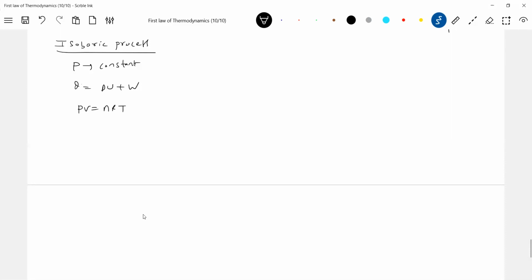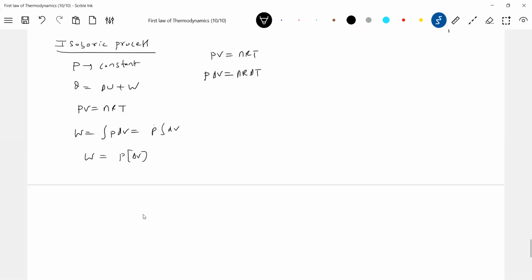Pressure constant, so PV equal to nRT. Therefore, let me calculate work done. Integral of P dV. From the ideal gas equation, PV equal to nRT, pressure constant, volume changes, temperature should also change.